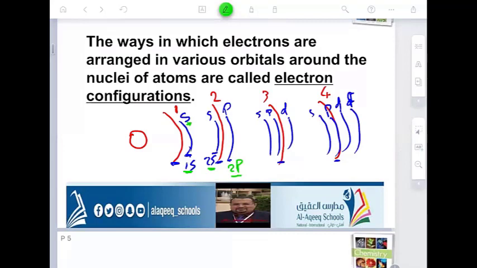Do you understand this? I can give you some numbers as an example to understand what I mean. If we imagine 1s has energy about 10, 2s has energy about, for example, 15, 2p specifically has energy 20, and so on.